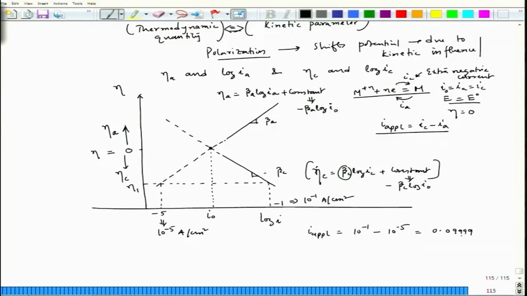0.09999, and then if I try to take a log of this, it would be close to minus 1, rather minus 1.0004, which is close to minus 1. Similarly, log IC equal to log of 10 to the power minus 1 equal to minus 1.